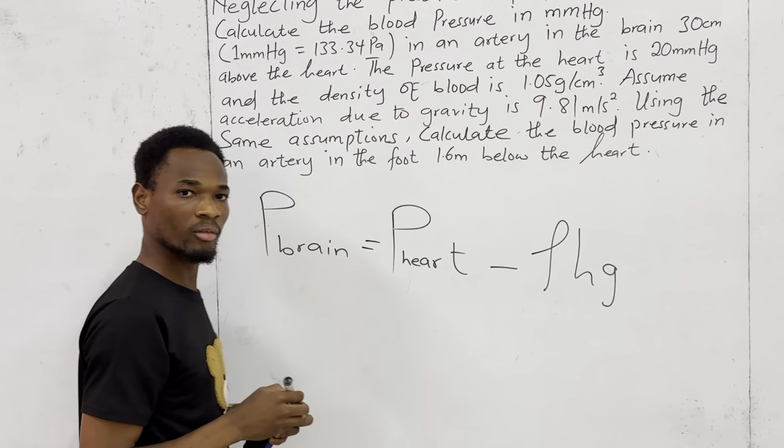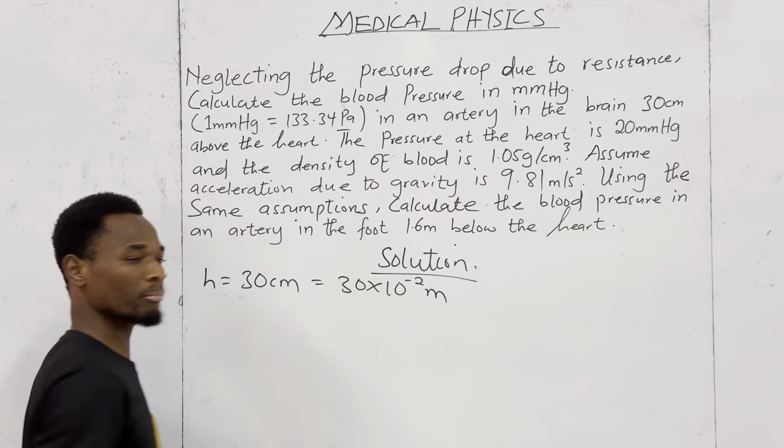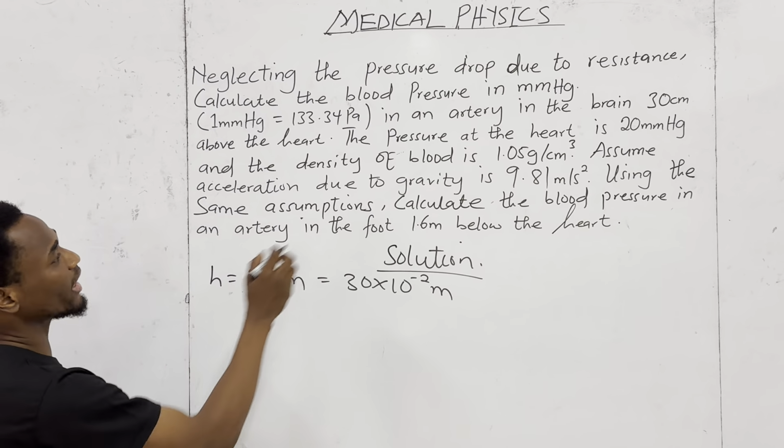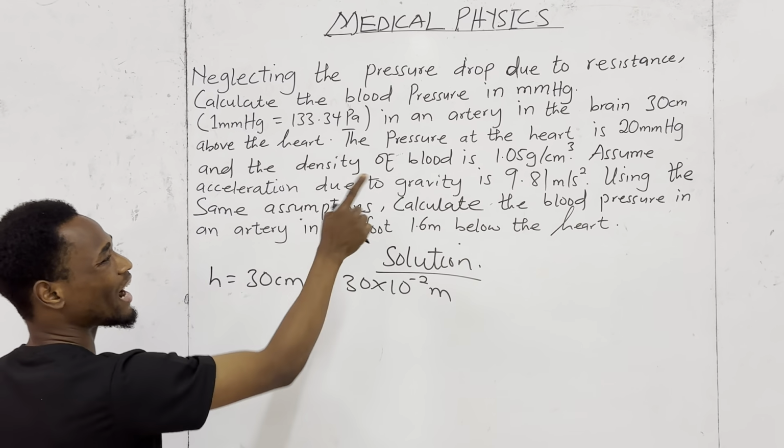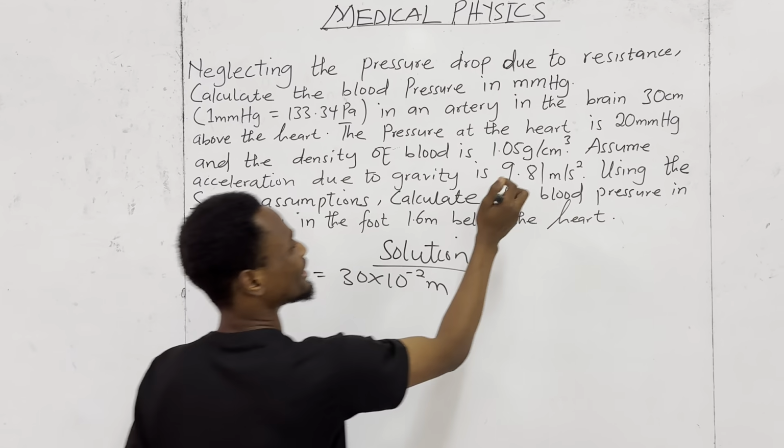So let's say my h here is 30 centimeters, which is the same as 30 times 10 to the power negative 2 meters. Then the pressure at the heart is 20 millimeters of mercury, so I have the pressure of the heart equal to 20 millimeters of mercury.